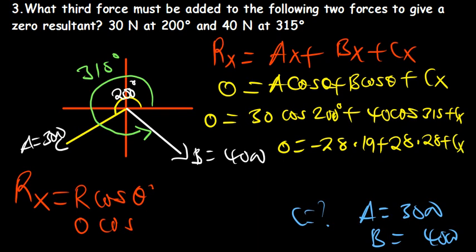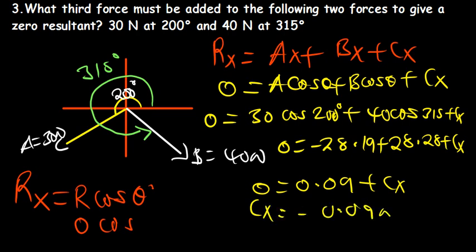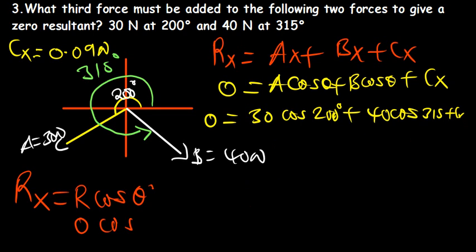So if I add these two, I'll have 0 will be equal to negative 28.19 plus 28.28. The answer I'm getting is 0.09 plus Cx. So I shift this to the other side, and I'll be able to get my Cx to be equal to negative 0.09 Newton. I'll just put it here: my Cx will be equal to negative 0.09 Newton.